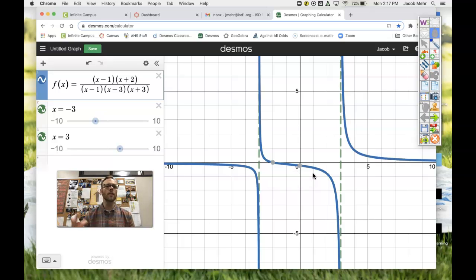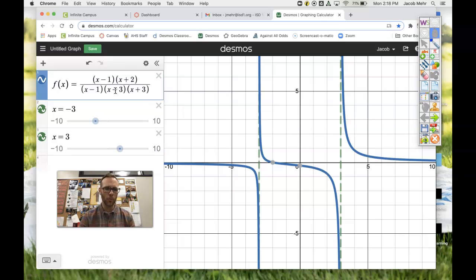So why the difference in those two features? Why did 3 and -3 make vertical asymptotes where 1 makes a hole? You may notice that 1 has this factor x minus 1, which is also in the numerator, and they cancel out. That means if I put 1 into this function, I get 0 in the numerator and 0 in the denominator. That's called indeterminate.